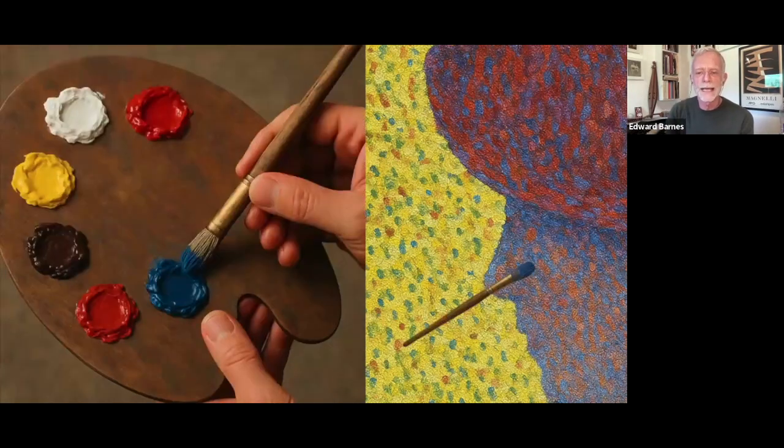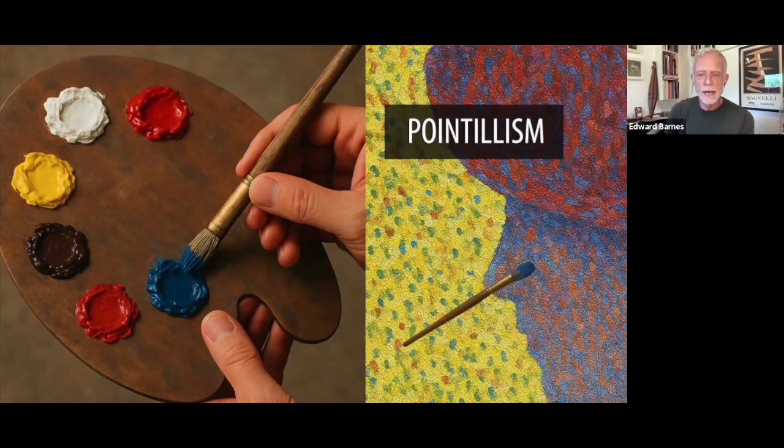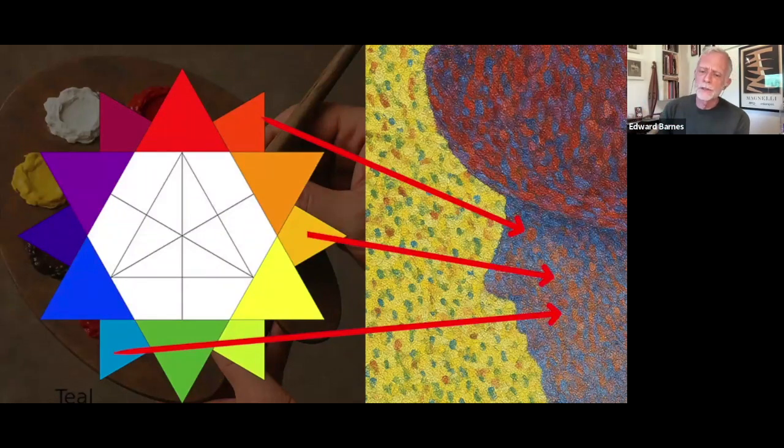So what he's doing is taking each of those individual colors and applying them directly to the canvas with a paintbrush as a point. So the execution of this kind of thing is called pointillism. So taking that color and making a point of that color on the painting. And they were very particular, Seurat in particular, about the use of a color wheel, which helps in terms of aligning adjacent colors.